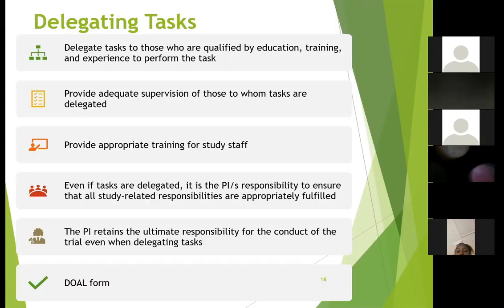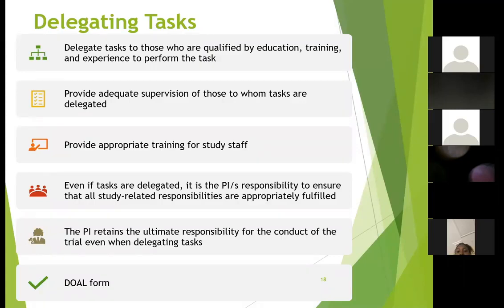And talk about the DOAL form just a little bit. Some of the following things are included in the DOAL, and that's like the study team member, the task that they're delegated, the time frame that they will perform this task, signatures and initials of the team member and the PI, showing that there's agreement that that person will take on the delegated task and that the PI has delegated that task to a qualified member.